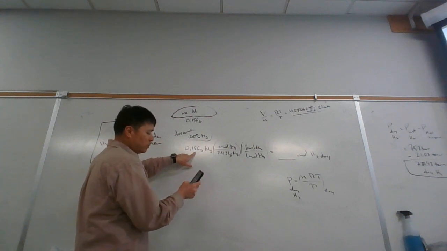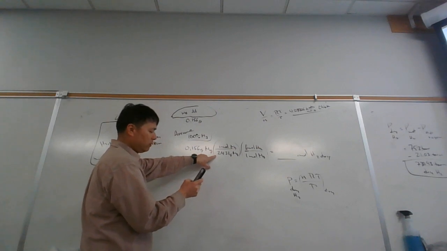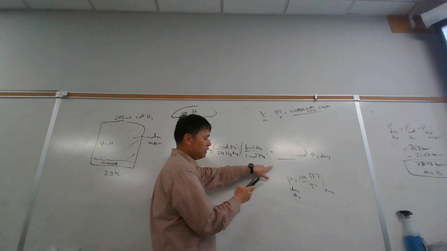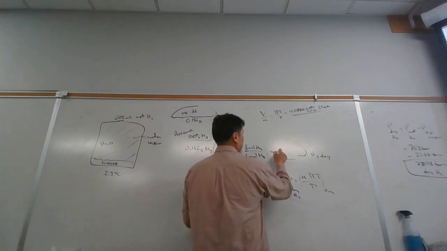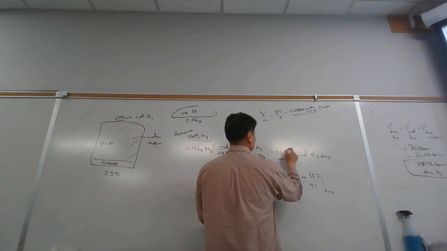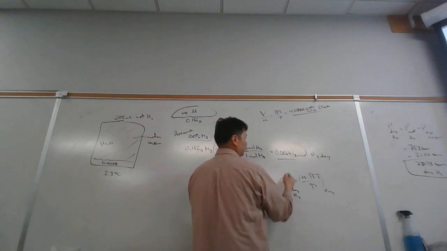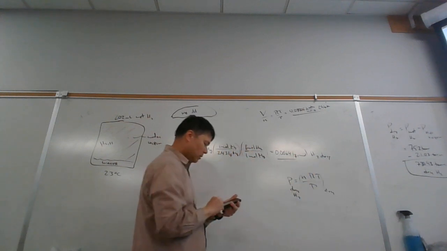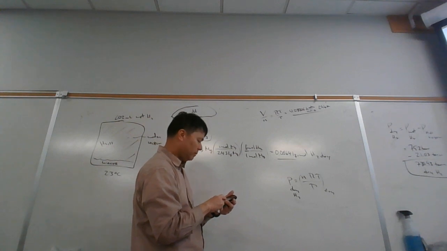I'm assuming it's 0.156 grams of pure magnesium divided by 24.31, and that's going to give me 0.00641 moles of dry hydrogen. Then I'm going to plug it in here, times R, 0.08206, times T, 296, divided by P.